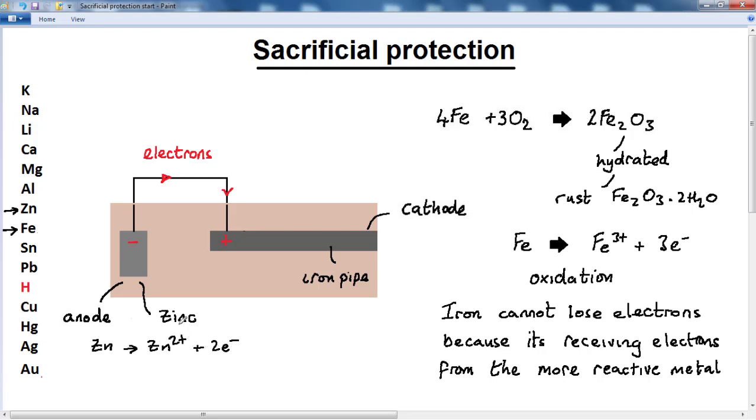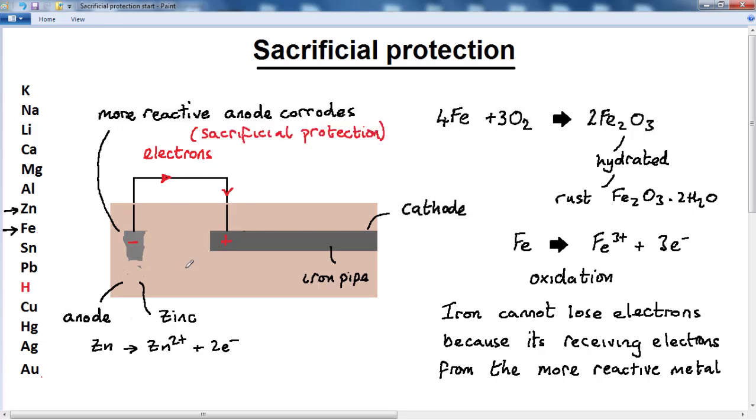These electrons are pushed around the circuit to prevent the iron from oxidizing. As a result, the zinc anode is effectively being corroded. So the more reactive anode corrodes, and for this reason the process is called sacrificial protection. That's to say, we are sacrificing one metal to preserve another.